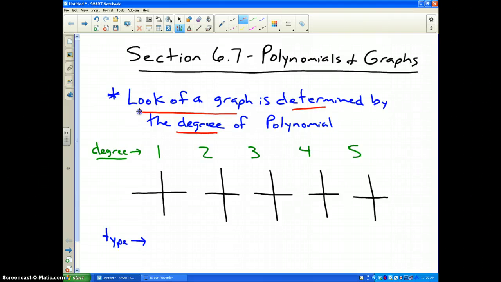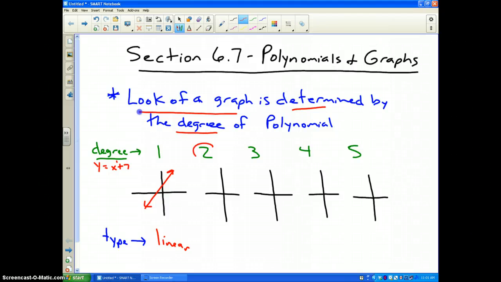Now, if you can, make this little chart. If the degree of a polynomial is 1, for instance, y equals x plus 7, that would be a degree of 1. It is a linear graph that looks like a straight line. We've learned that from Unit 2 and Unit 3 this year.